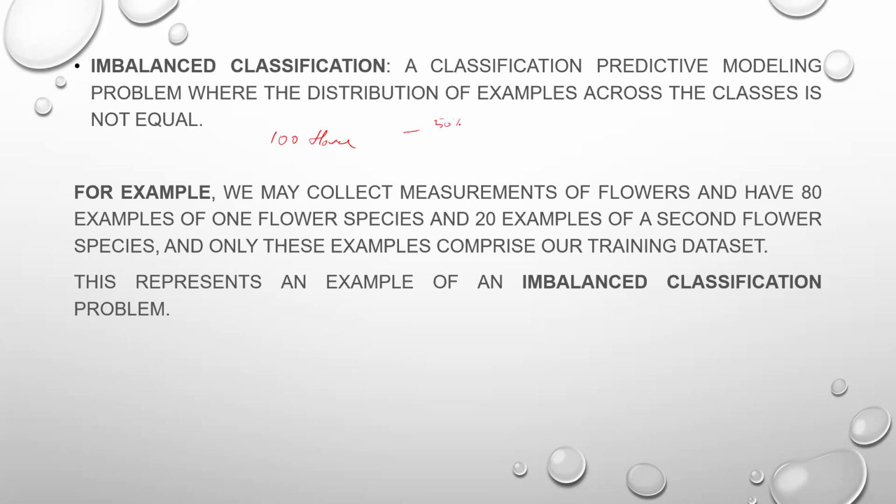Ideally we should have 50% of type 1 and 50% of type 2. But if we have only 20 examples of one and 80 examples of the other and give these to the training data set, this gives an imbalanced classification problem. Then even when you give an input of the second type, our classifier predicts the first one. Why? Because of the imbalanced data set. So we have to convert the imbalanced data set into a balanced data set, and only then can we solve the classification problem. Thank you.